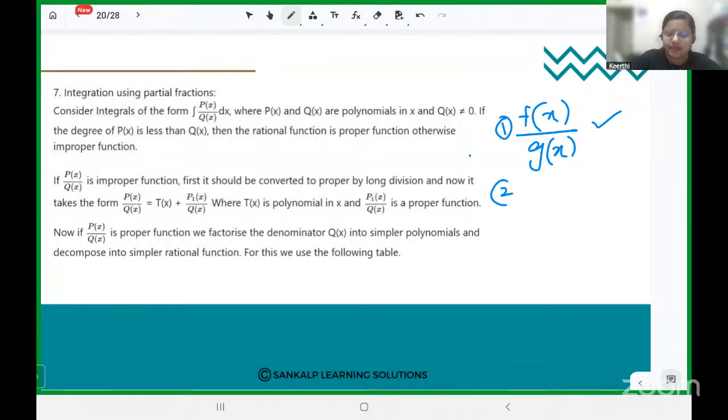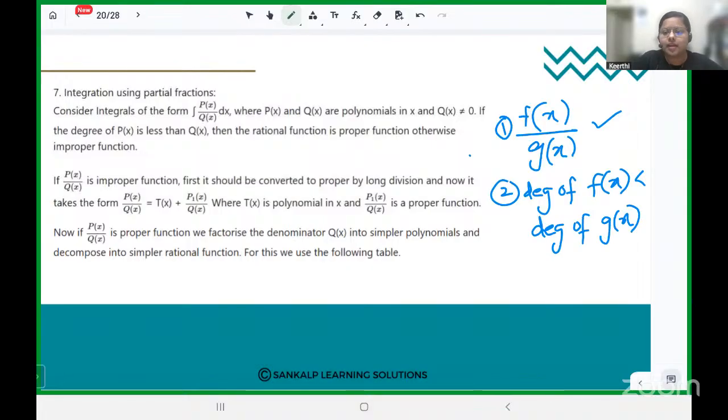The second condition is that the degree of f of x should be less than the degree of g of x, which means the degree of the numerator should be less than the degree of the denominator.